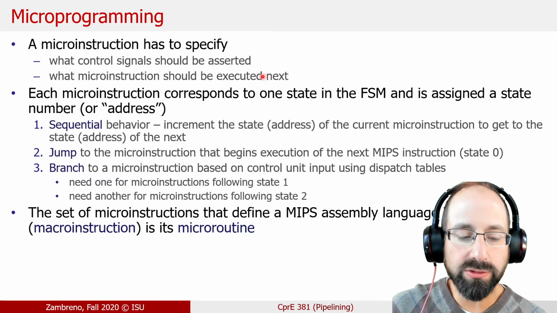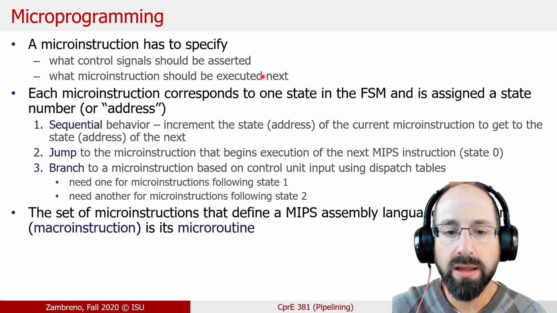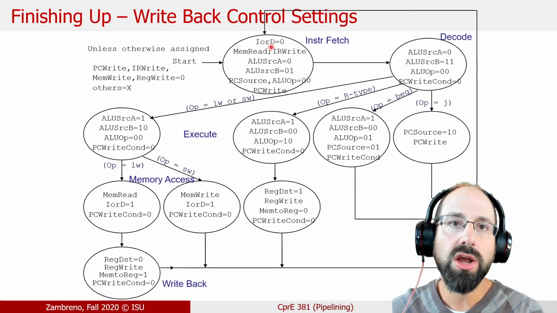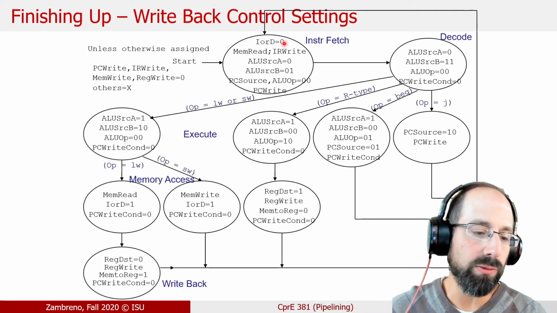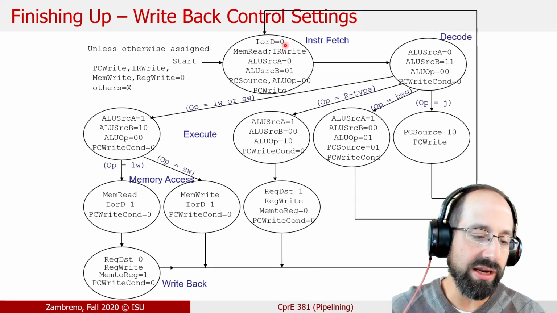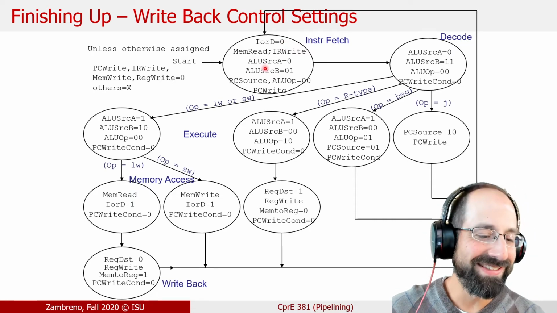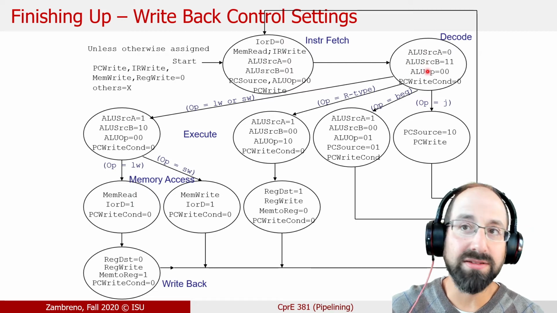For a load word instruction, instead of having a state machine, we could instead have a microprogram. Because all of the steps required to implement, and I'm going to keep jumping back in here, all of the steps required to implement our state machine for the load word could instead be their individual instructions. This would be an instruction that's just setting a bunch of signals. This would be an instruction that sets a bunch of signals and also has a branch.